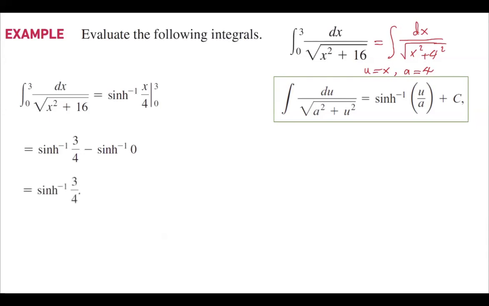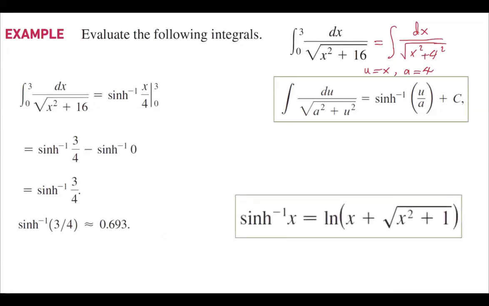Remember the behavior of inverse hyperbolic sine. At 0, it is going to be 0. So you end up with inverse hyperbolic sine of 3/4. You can use a calculator to approximate this number, or you can go back to the formula that we introduced last time and write it in terms of ln.